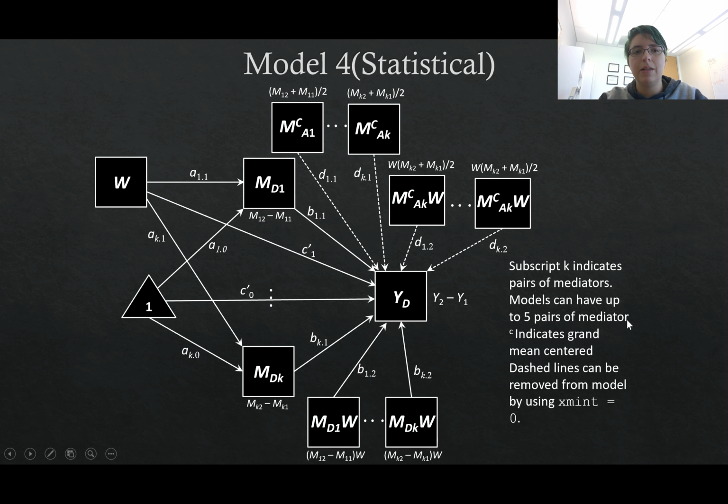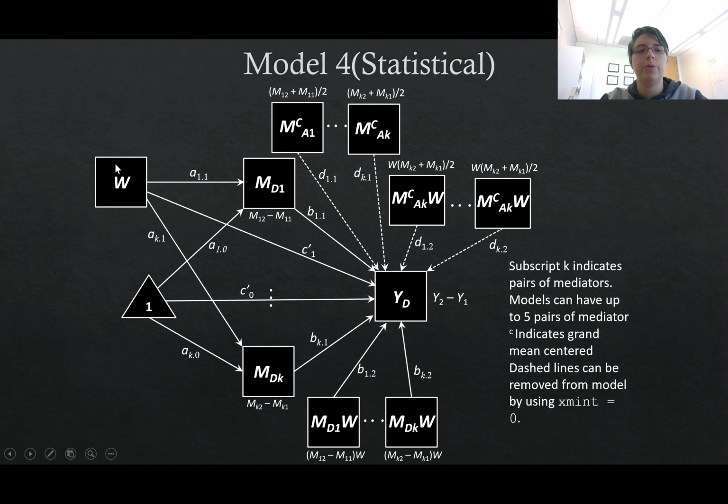So statistically, what's going on under the hood is that we are estimating a bunch of difference scores, which are the difference between the mediators at the two repeated measures instances, and then we're predicting those using a variety of other variables. So in particular, the intercept is often representing the effect of our repeated measures factor.